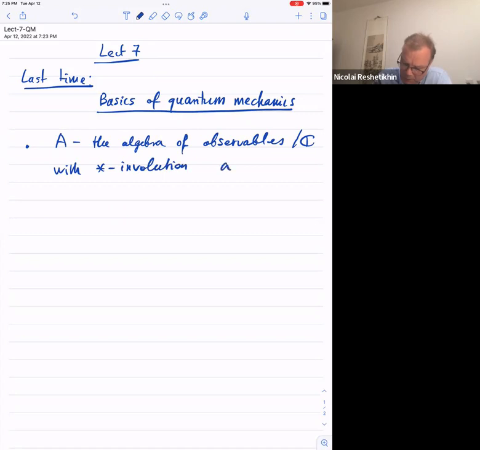So it's an anti-involution, an involution which is an algebra anti-automorphism. So double star: A double star is A, and lambda A star is lambda bar A star. So it's C antilinear.